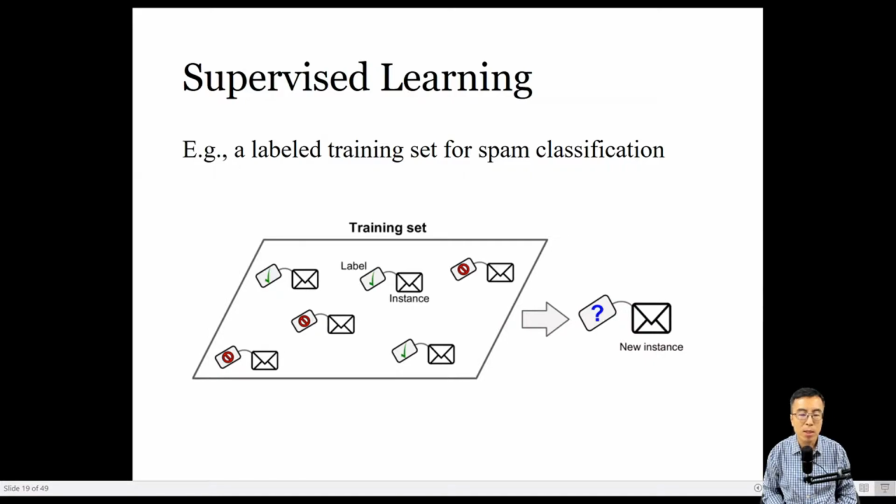In the supervised learning setting, we need to provide both the training data as well as the labels to the learning algorithm. For example, we can provide a number of emails, and we also label each email, whether this email is a spam or a regular email, to train a spam email filter.